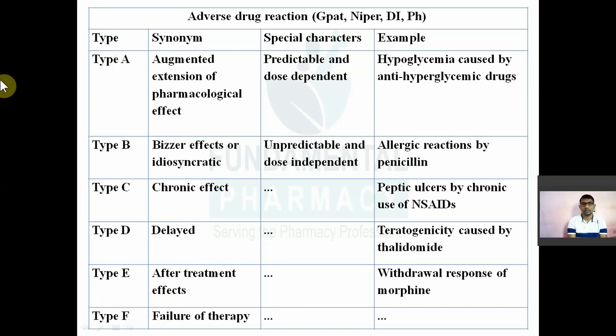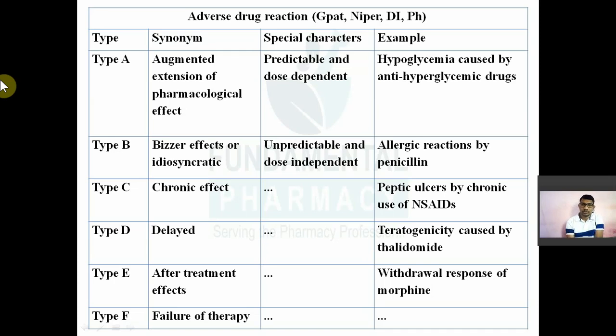All the oral hypoglycemic drugs, for example metformin, phenformin, then glipizide etc. You are taking this drug to decrease the blood sugar level, and if you increase the dose of the drug, suppose your physician has prescribed metformin 500 milligram twice a day, and you are taking metformin 500 milligram thrice a day or four times a day, that will obviously bring down your sugar level below the critical level. So that is nothing but the extension of pharmacological action, and it is predictable and dose dependent.